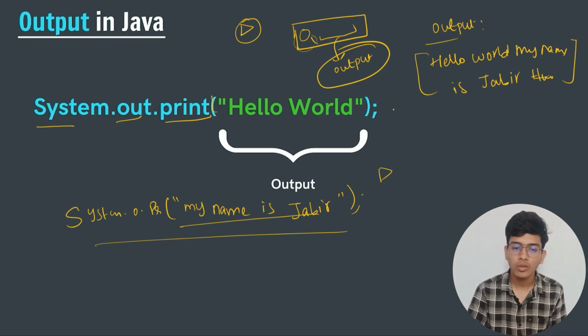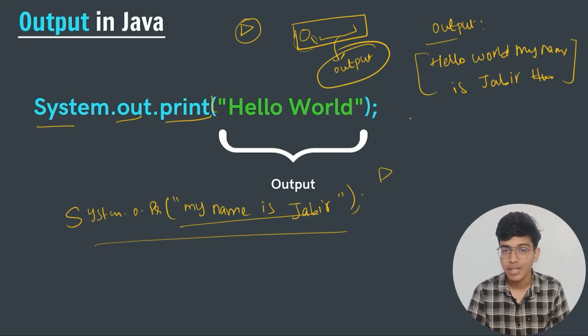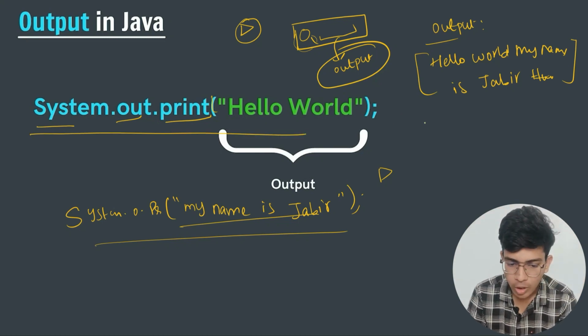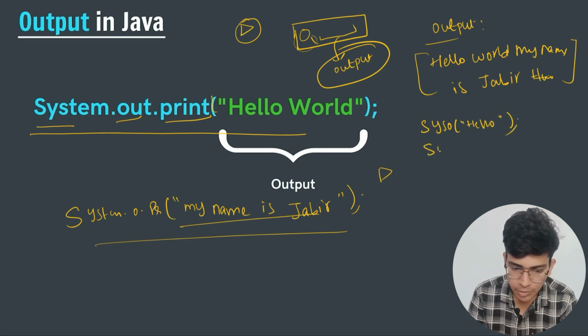Suppose I want to print two different lines, then I will use some special keywords. Suppose I write System.out.print hello, and after that System.out.print earth. Hello earth.